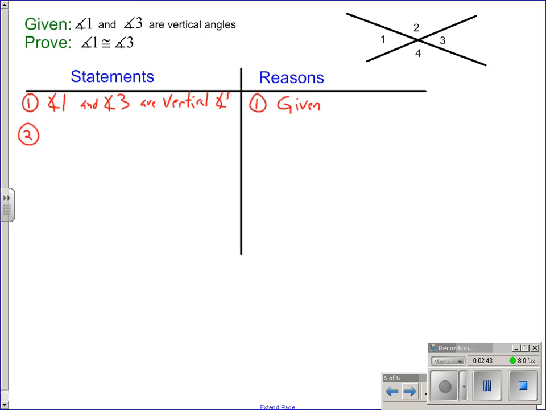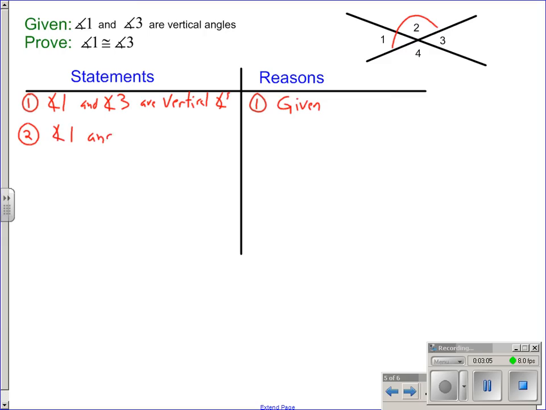For statement 2, looking at the picture on the right side, we have a couple of ways we could do this. It's really going to be the same; it just depends on which angle you want to use. I'm going to go with this route. If you look at angles 1 and 2, what do you know about them?